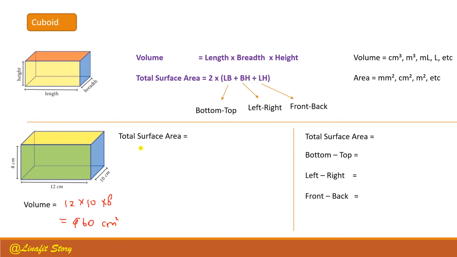To get the total surface area, so 2 times the bottom and the top, 12 times 10, plus the left and the right, 10 times 8, and then the front and the back, 12 times 8.